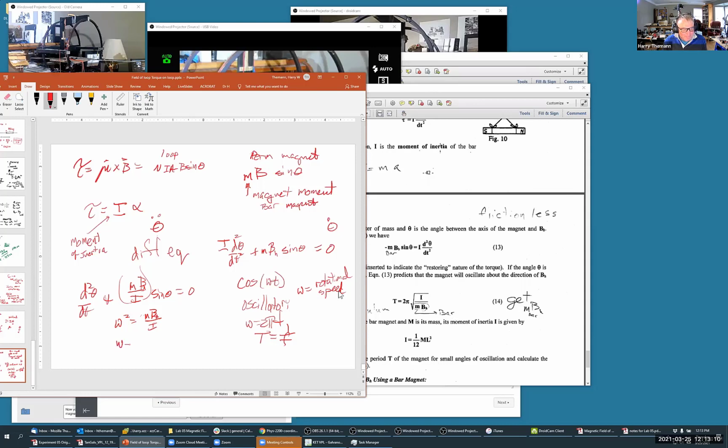So omega equals square root of MBH over I. And that means that f equals 1 over 2 pi times MBH over I to the 1/2 power.